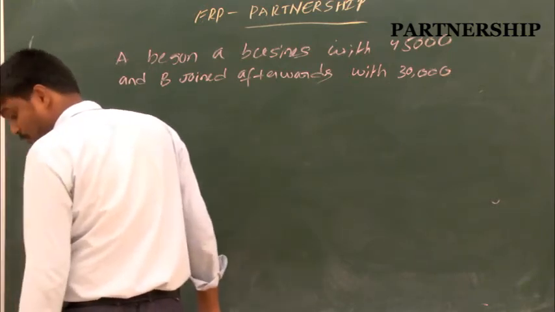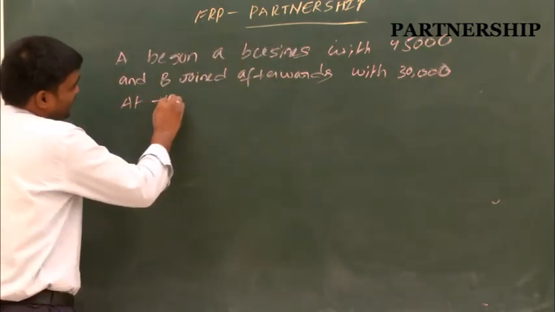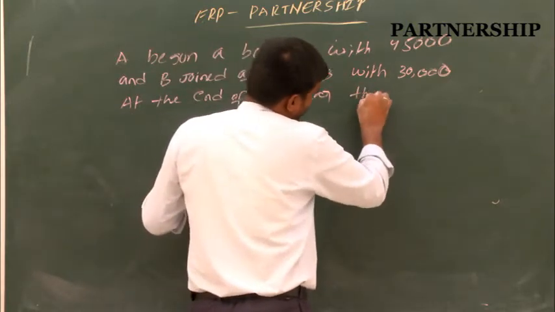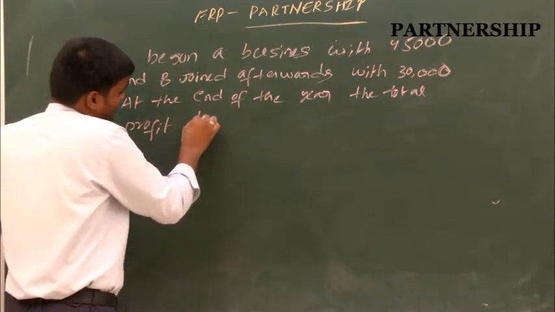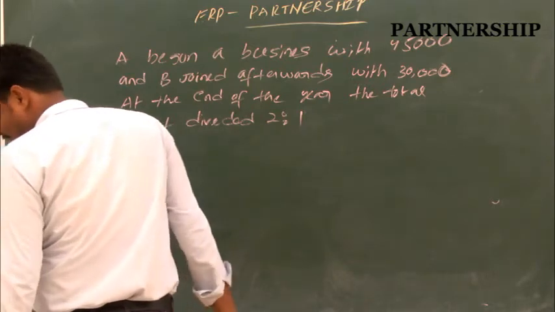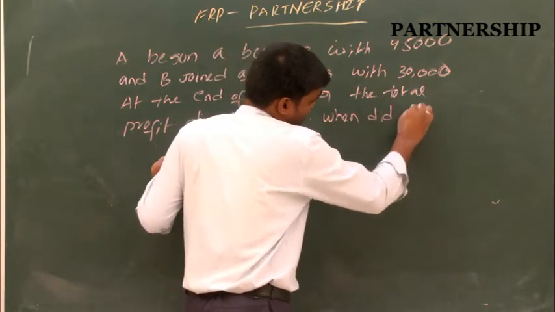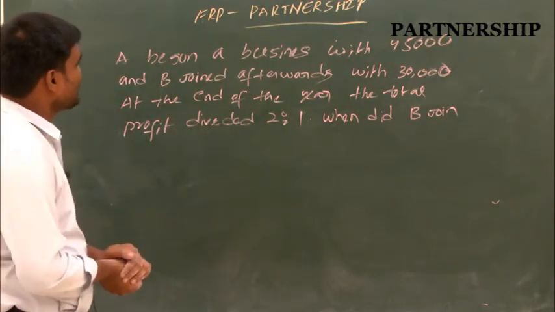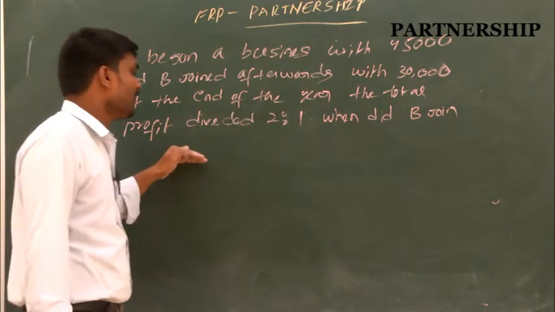At the end of the year, the total profit was divided 2:1. When did B join?